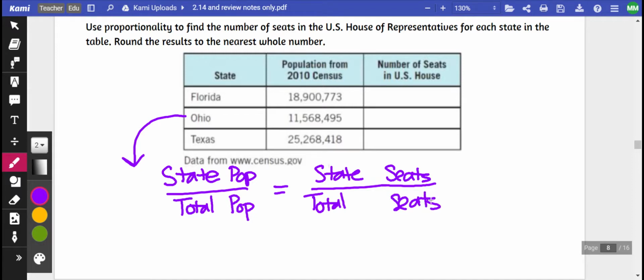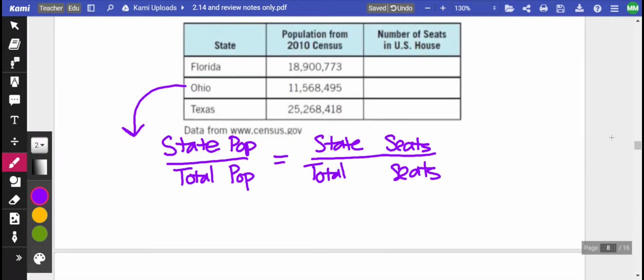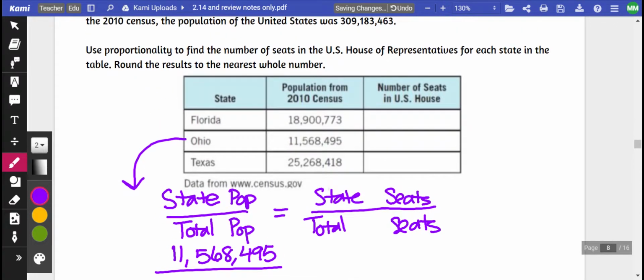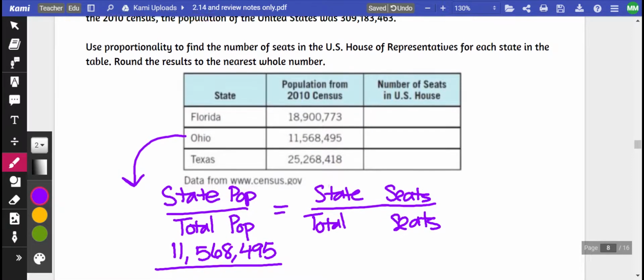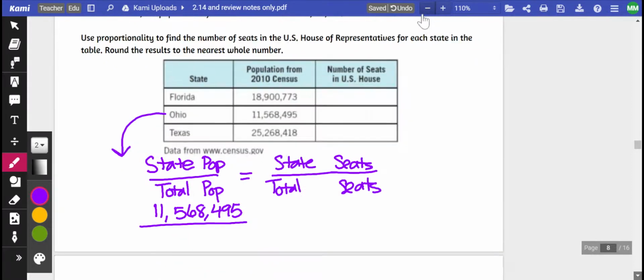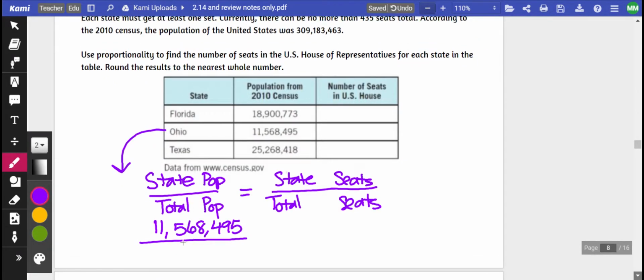So this would be an appropriate way to set it up for any of the states. If I'm doing this for Ohio, I'm going to have 11,568,495 over the total for the United States, which was 309,183,463.